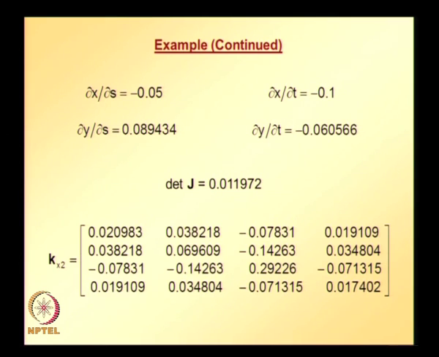Once we do all that, we get the contribution to the Kx matrix from the second integration point that we have chosen as this one.